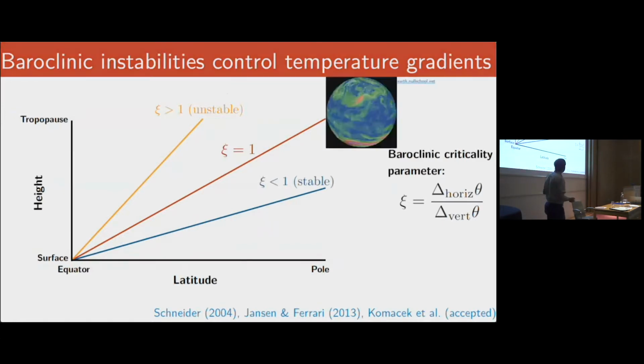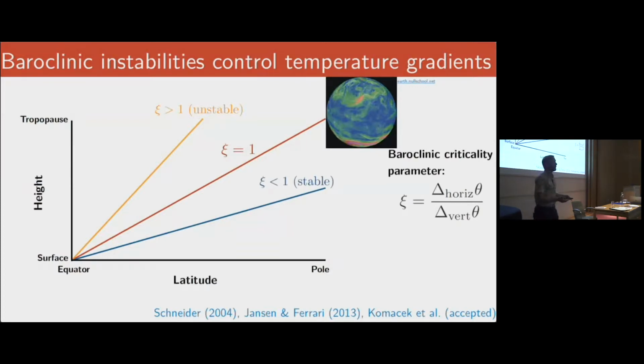And this is where Earth lies on this diagram. It has a slope such that an isentrope would rise from the surface at the equator to the tropopause at the pole. And the reason why Earth is at this kind of state has been debated over the past 50 years, since the 70s.